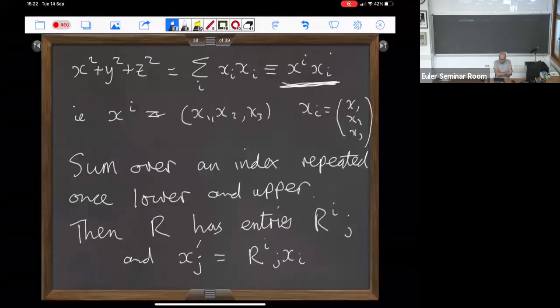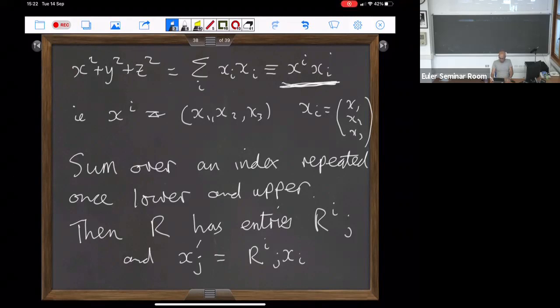Okay? So if you take the dot product of those two vectors, you get the quantity which is the sum of squares. So that's the important notation that we need to get used to.